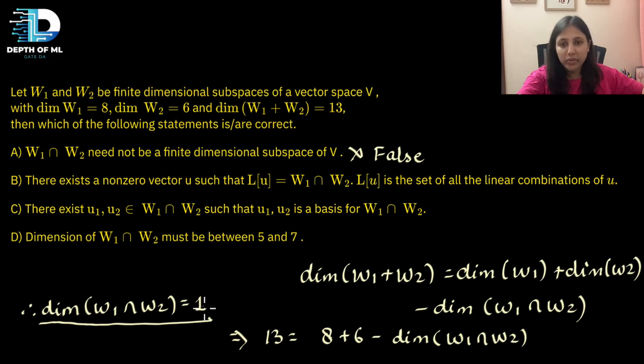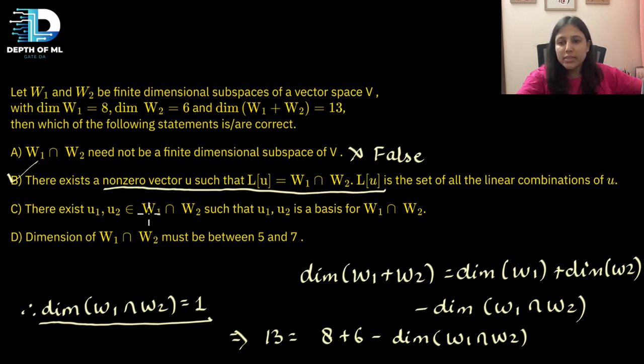The basis contains only one vector. So this actually is true, that there is a non-zero vector u such that it spans W1 intersection W2, because the dimension is 1. We'll need just one vector to span this intersection of two subspaces. So this is correct. This is indeed true.